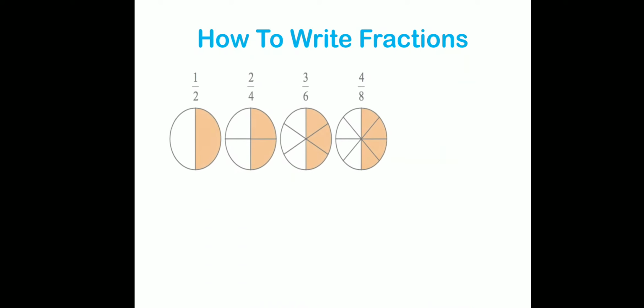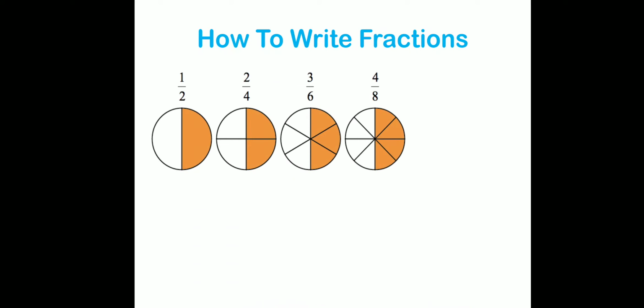How to write fractions. See friends, we have learned what a fraction is, but how to write a fraction? Let's see. Wow, here is a diagram for us. See, in the first circle, what can you see? Exactly. In the first circle, there are 2 parts divided and 1 part is orange. What is that orange part?